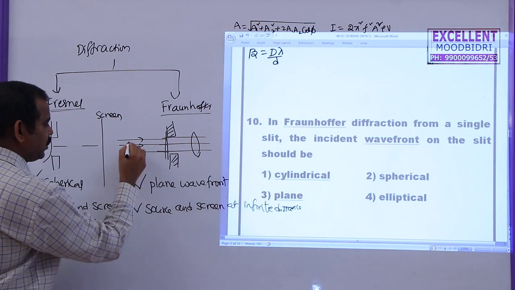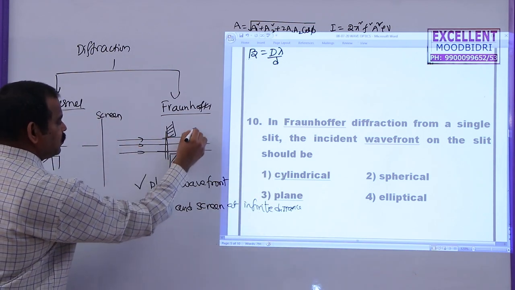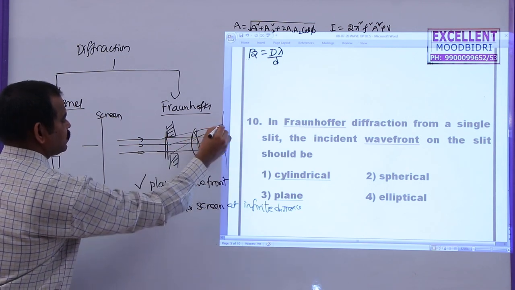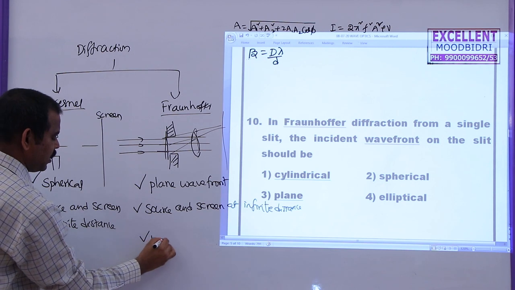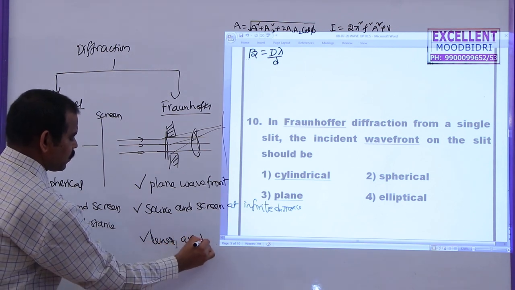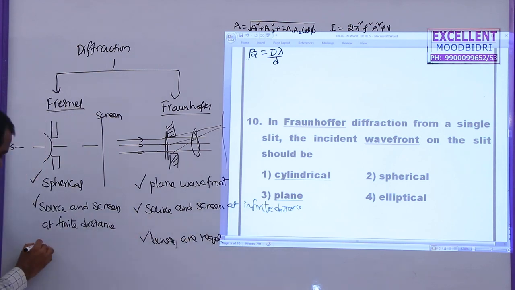Here lenses are required to focus and observe this pattern, but in Fresnel diffraction lenses are not required.